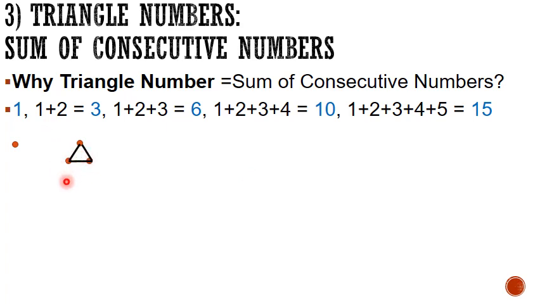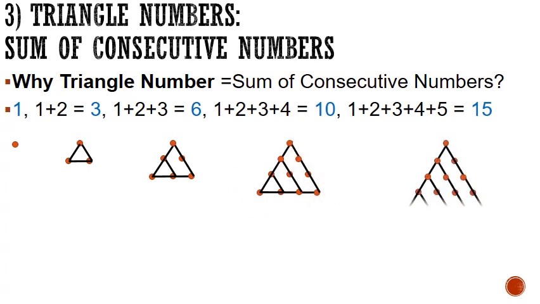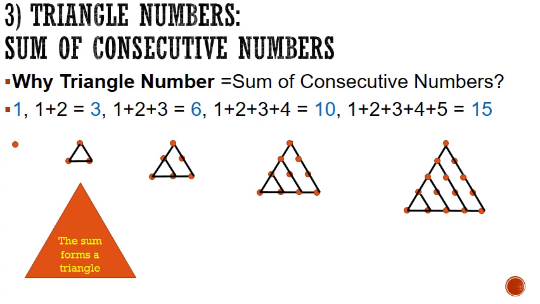If I join them up, it will look like a triangle. 1 plus 2 plus 3, I will still get a triangle. 1 plus 2 plus 3 plus 4, I will still get a triangle, and so on. So now you know why we call these triangle numbers. The sum will form a triangle.